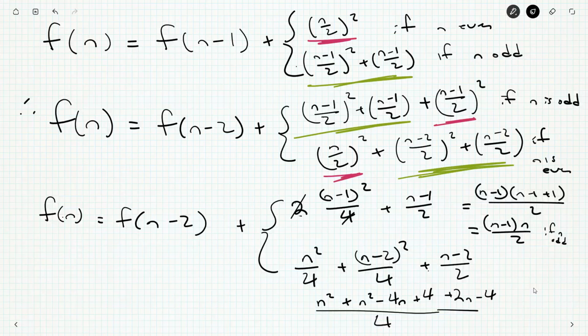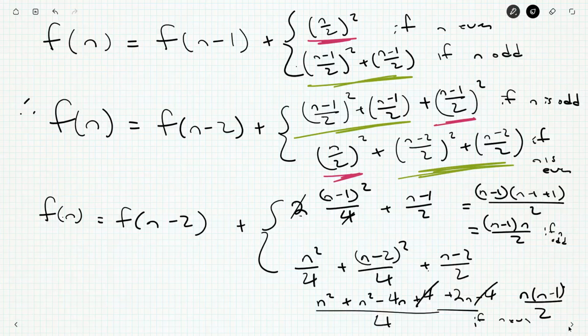It's multiplying top and bottom by 2. So these 4's cancel out. We'll get n squared minus 2n, which will be n times n minus 1, all over 2, because we divide top and bottom by 2. Okay, great.